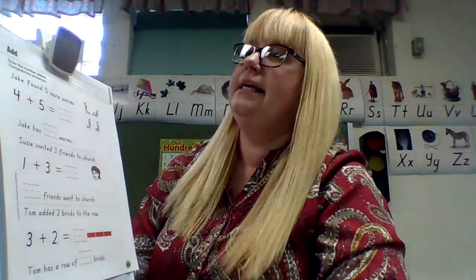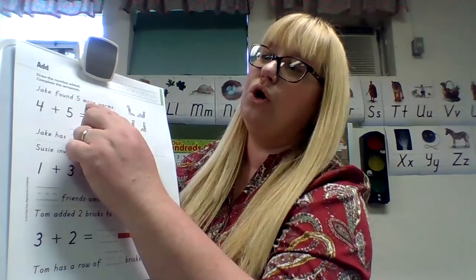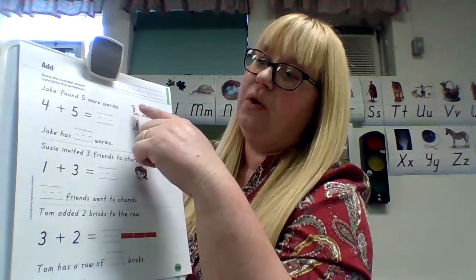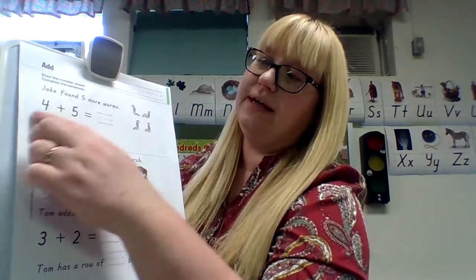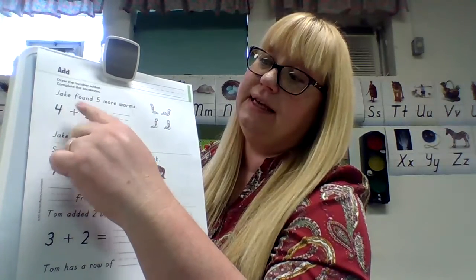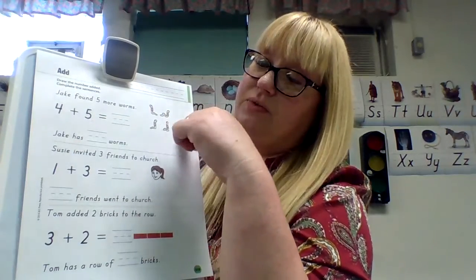It says, Jake found 5 more worms. So let's see how many are here. 1, 2, 3, 4. That's our first number, 4. 4 plus 5 equals, so how many worms do we need to draw over here?